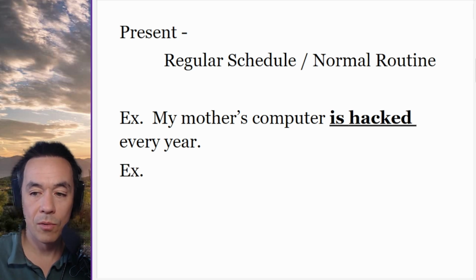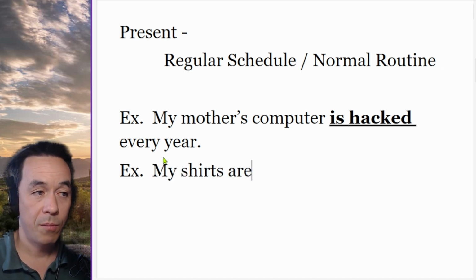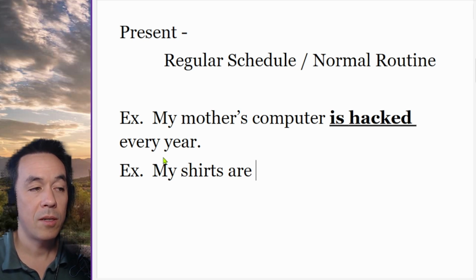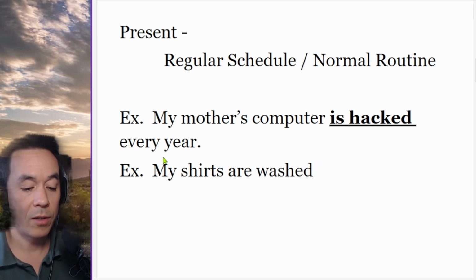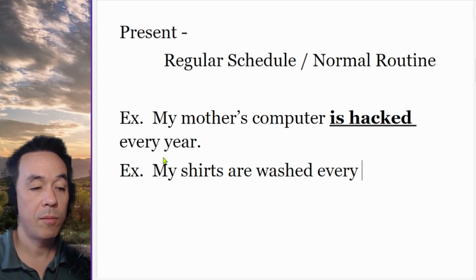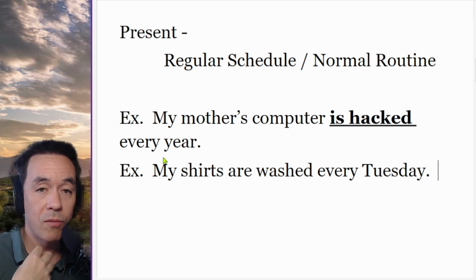Let's do some more. My shirts are, because it's plural, are, I'm going to say we'll say washed. Okay, they are washed every Tuesday. So this is saying I don't do it. Who does it? I don't know.